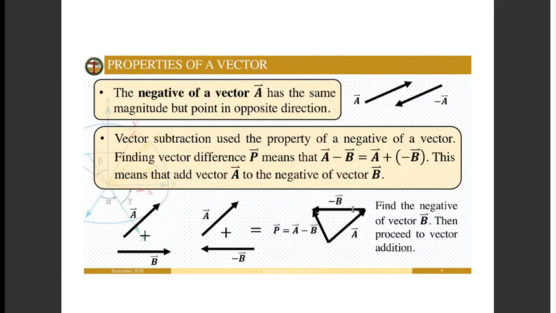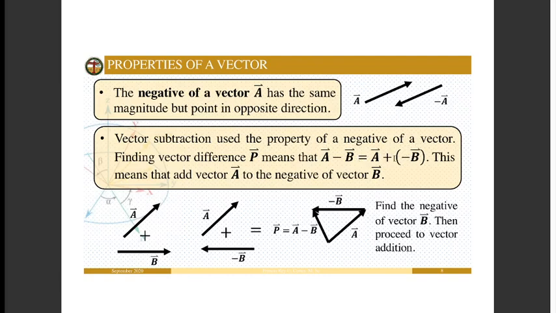The vector difference is denoted by capital letter P. So that is the vector difference. We have to find the vector difference of A and B. So what you're going to do, this negative B is just equal to plus negative, right?